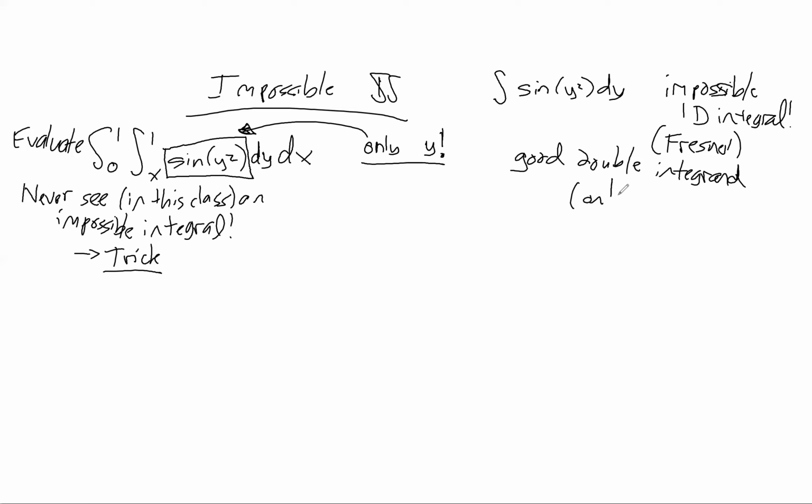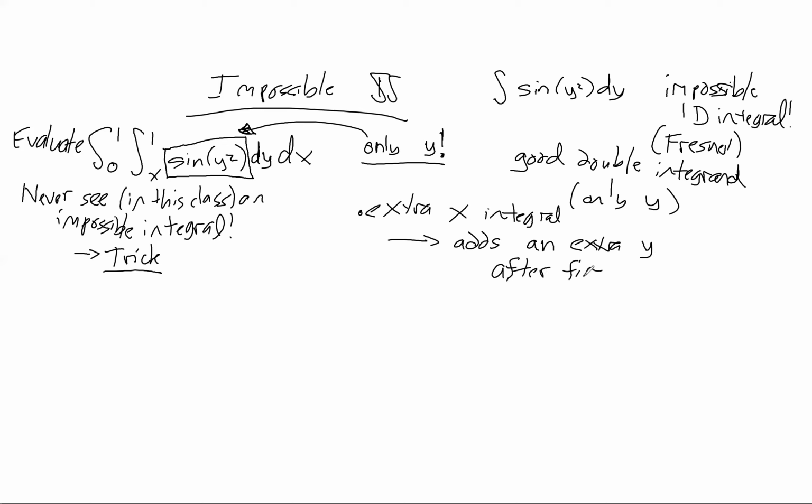So there's only a y there. That's really what's going on here. And what the extra x integral does for you, to summarize, is that it adds an extra y after you apply the dx.